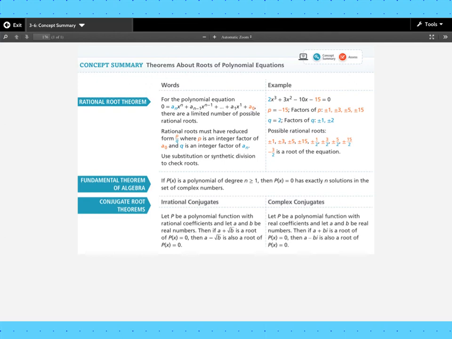After that, we moved on to the fundamental theorem of algebra, which in plain English means whatever the highest degree of your polynomial is, is the number of roots that you should have for that polynomial. And lastly, we went through irrational conjugates and complex conjugates.